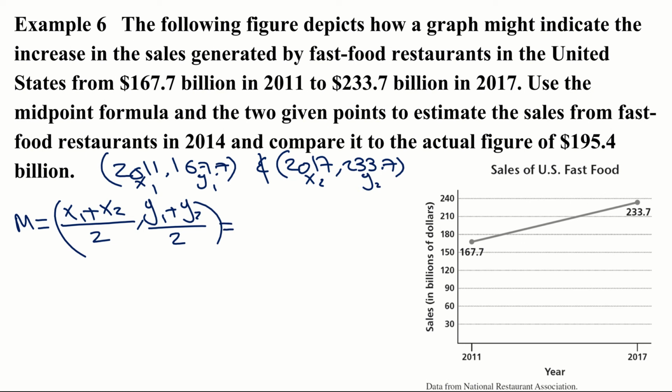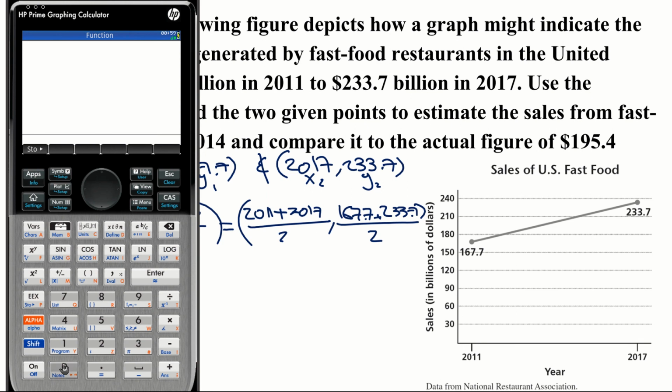So we end up with 2011 plus 2017 over 2, comma, 167.7 plus 233.7 over 2.